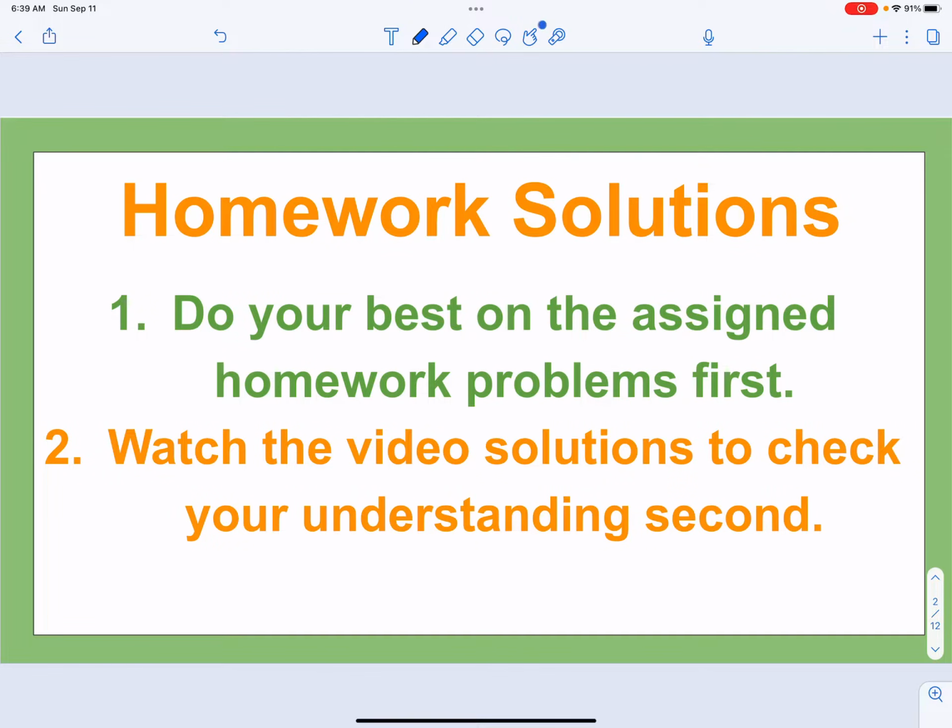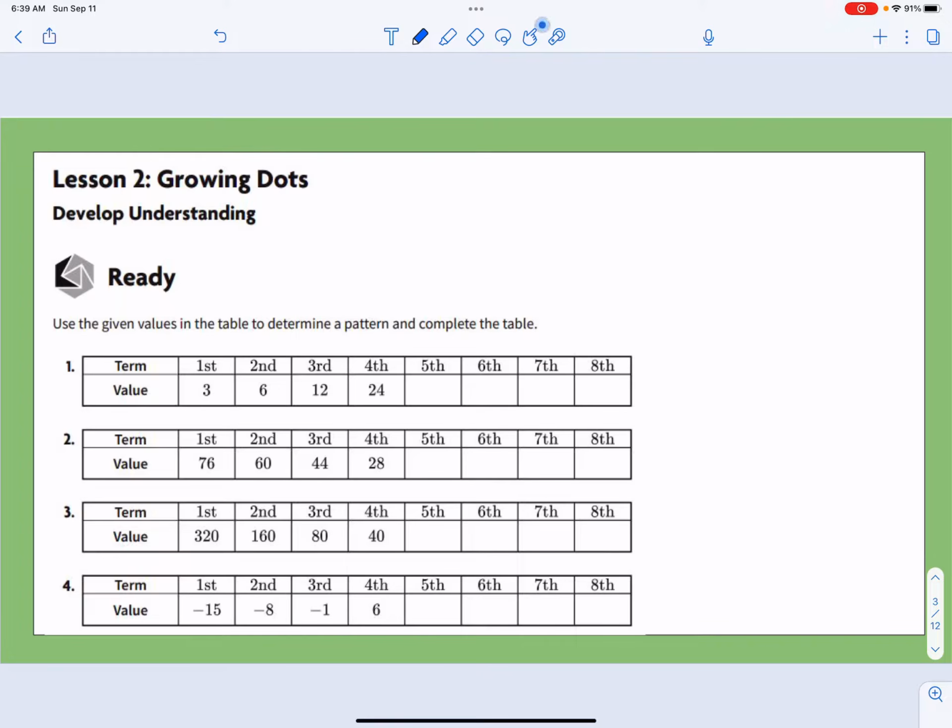All right, so let's take a look at today's homework. First homework question says, use the given values in the table to determine a pattern and then complete the pattern. So we want to look at what's happening moving from one number to the next number. What is the pattern going from one number to the next number?